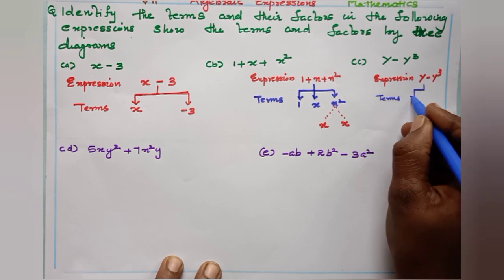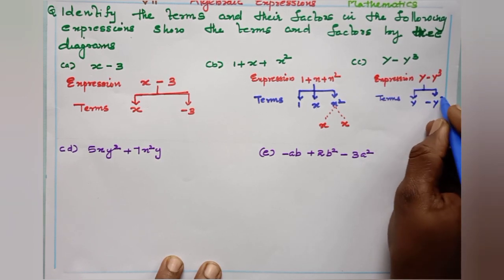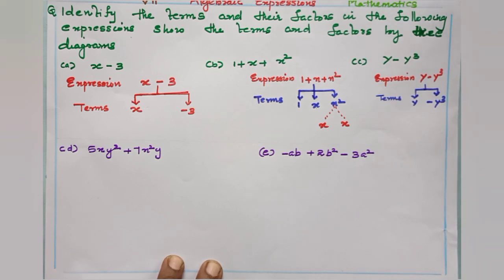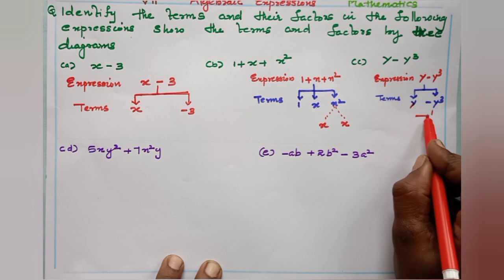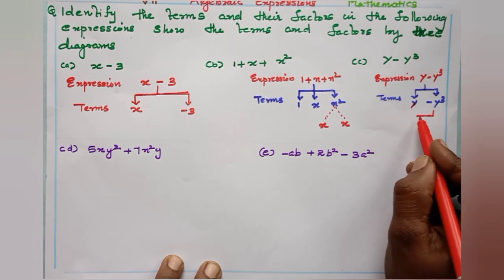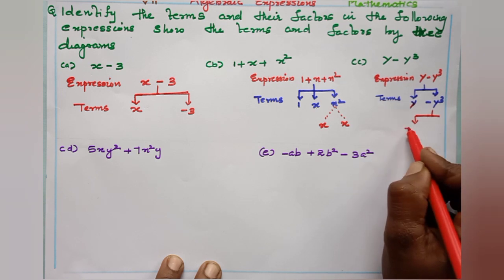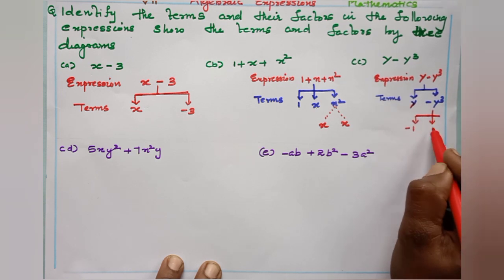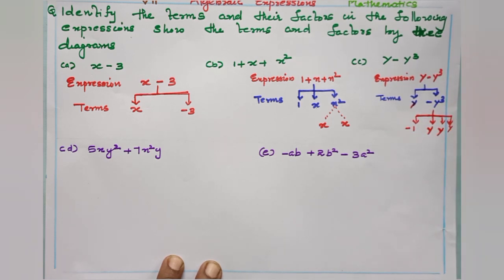The first term is y and the second term is minus y cube. The factor of y is the same, y, but y cube we can write as minus 1 into y into y into y. How many times is y multiplied? 3 times.